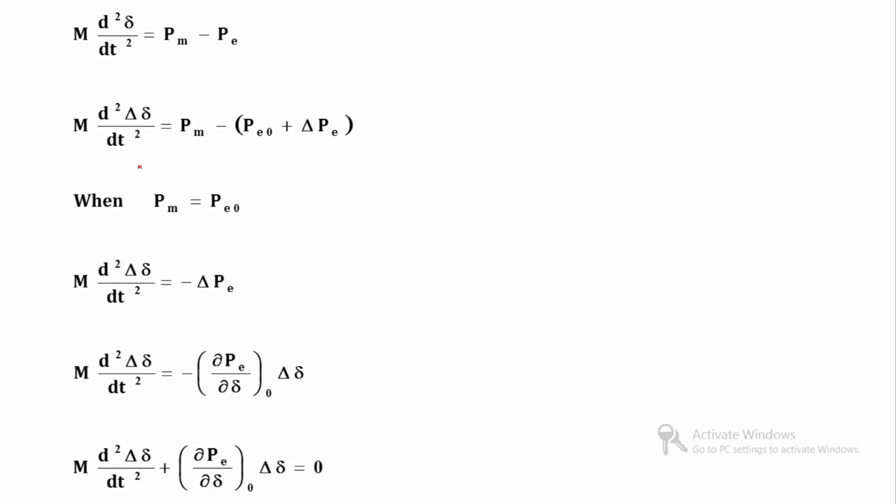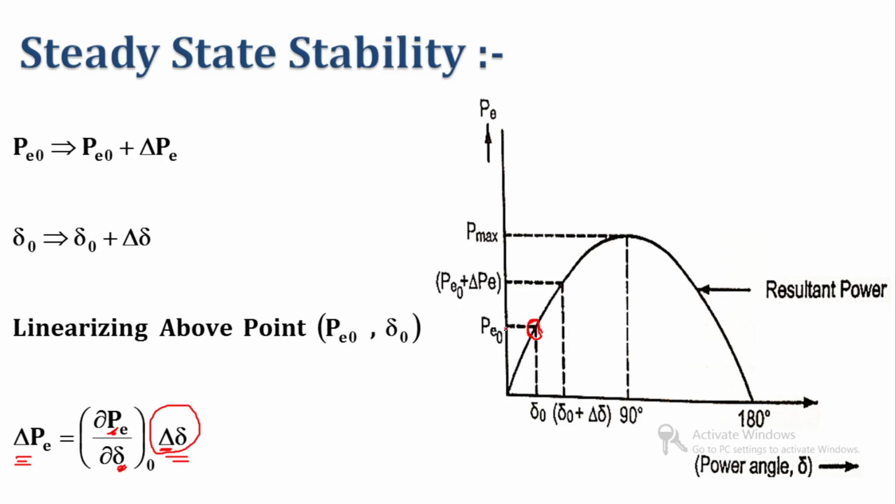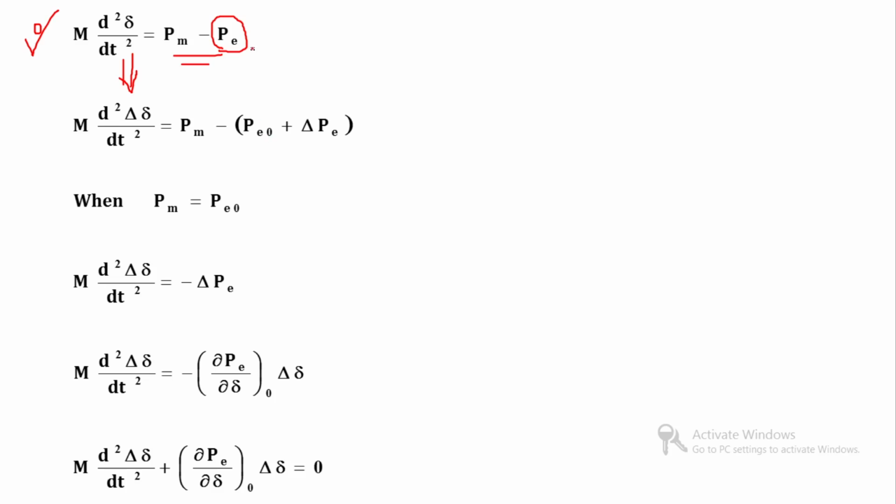Now consider the swing equation, M d square delta by dt square is equal to Pm minus Pe. I will replace Pe by P0 plus delta P. Clear? Pe will change from P0 to P0 plus delta P. Now initially P0 is equal to Pm.